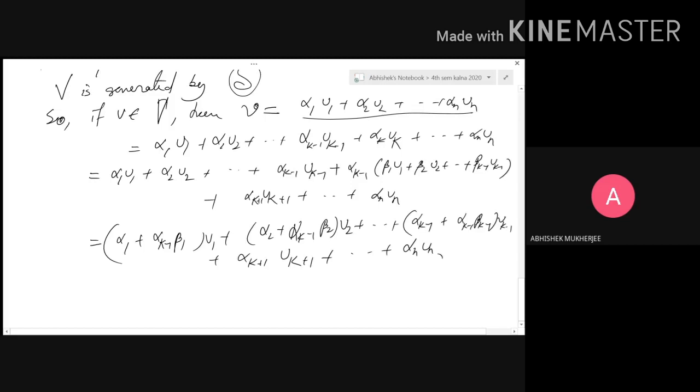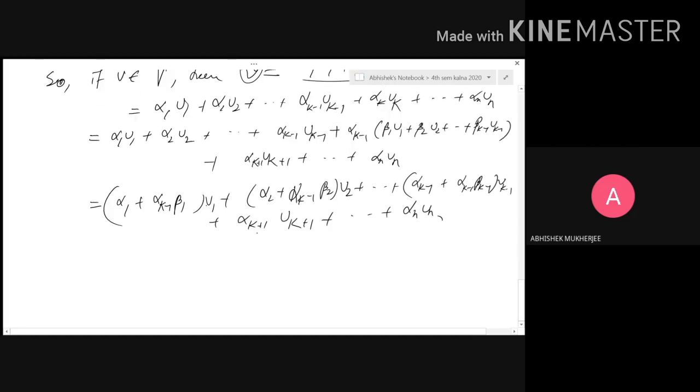So you see that in this expression the kth term is missing. This vector v is actually a linear combination of V1, V2, ..., Vk-1, Vk+1, ..., Vn.